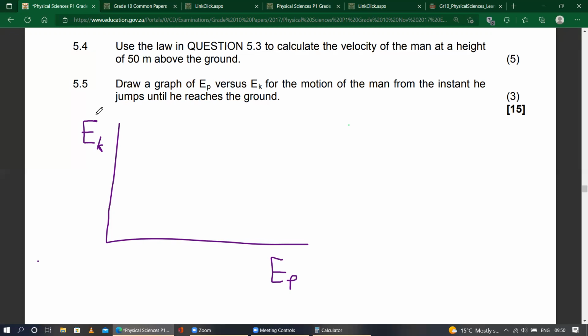Do you agree with me? Yeah. So potential energy is gonna start from the positive X, and then this is the positive Y. On our positive Y, that's where kinetic energy increases, and on our positive X, that's where potential energy increases.